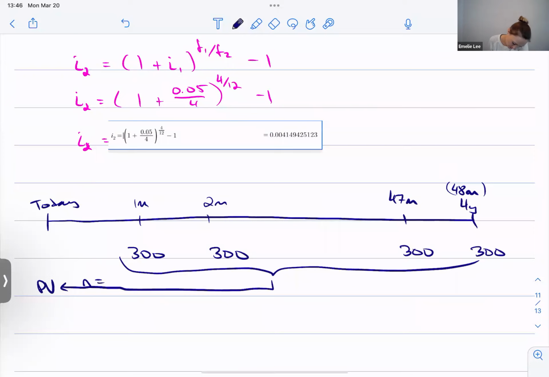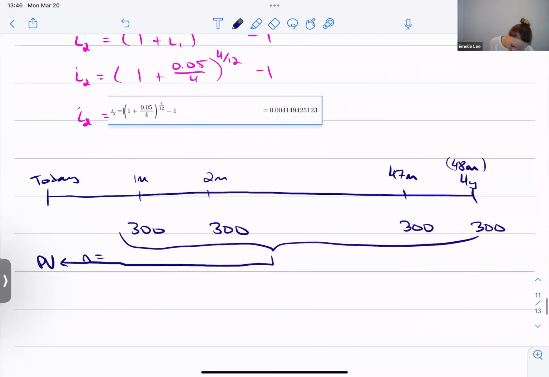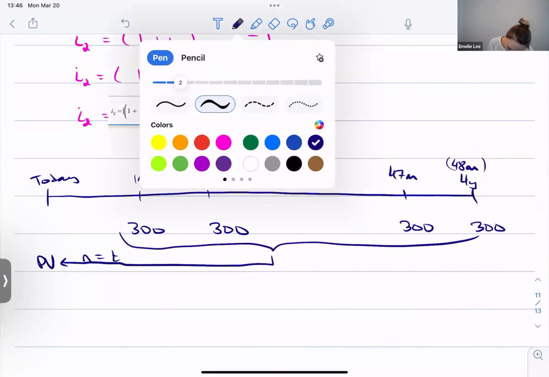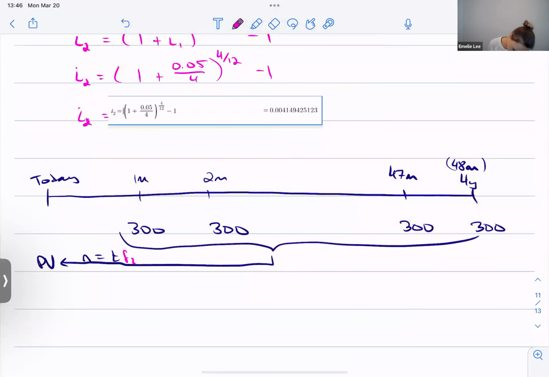Now, the number of payments we said was 48, right? Is time times F2, which is 4 years times 12, which is 48, right? So it's really important that you're using F2 as your frequency now, not F1, right? Because when we found I2, now your compounding frequency is also F2.